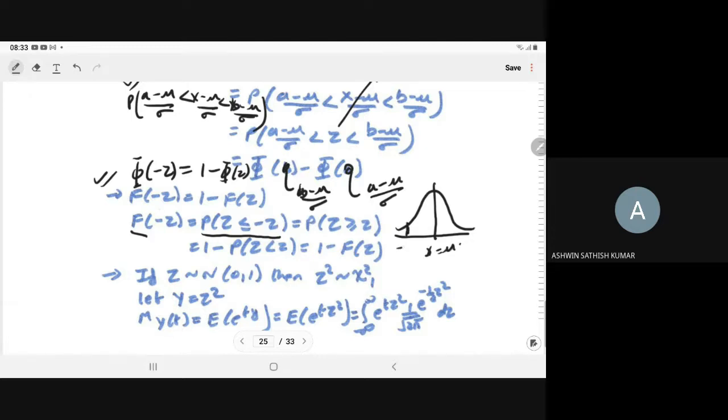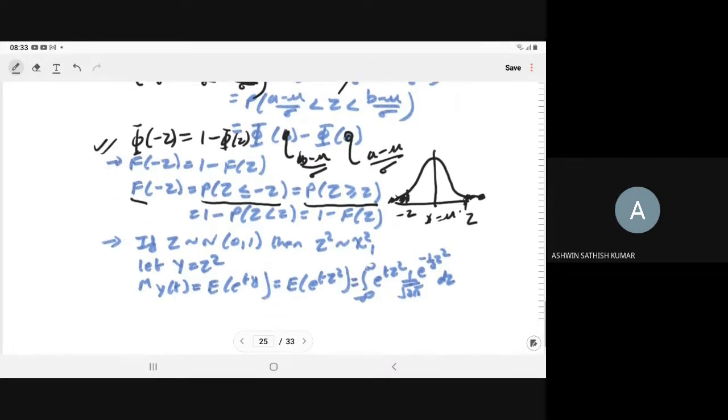Since the normal variate is symmetric about the mean, the probability of being less than minus z is equal to the probability of being greater than plus z. So by the theory of probability, it can be written as 1 minus the probability of z less than z, that is 1 minus F(z).